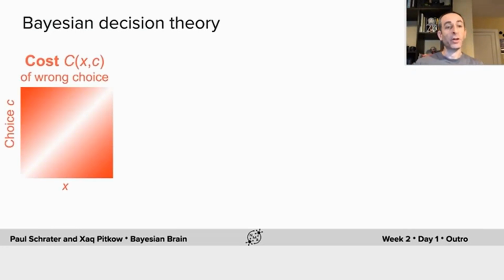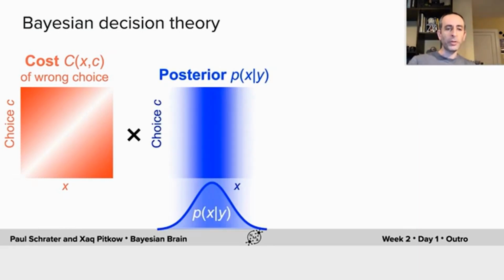We would establish a cost function there, saying, if the true answer was X, but you chose C, how bad was that? So here we have a cost function that is the absolute error. Now we can multiply that cost function by the probability of getting that answer, given the observations y, multiplying by the posterior.